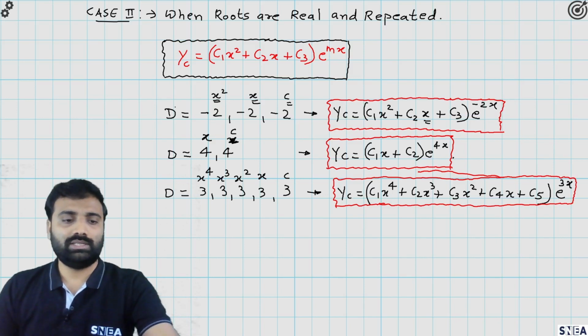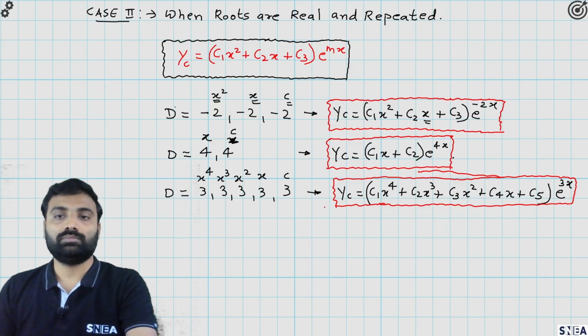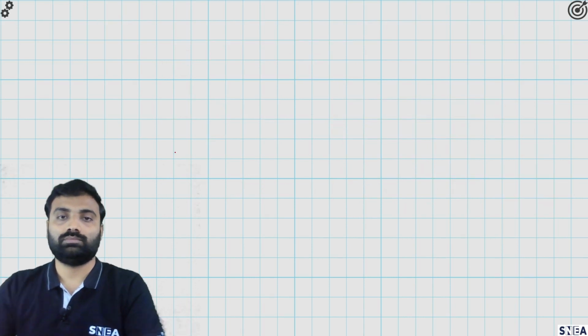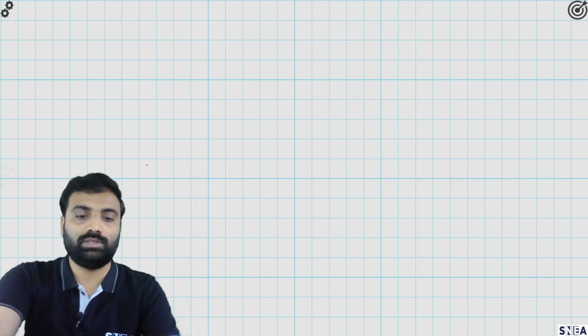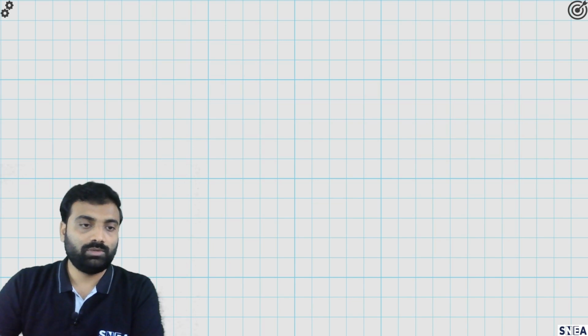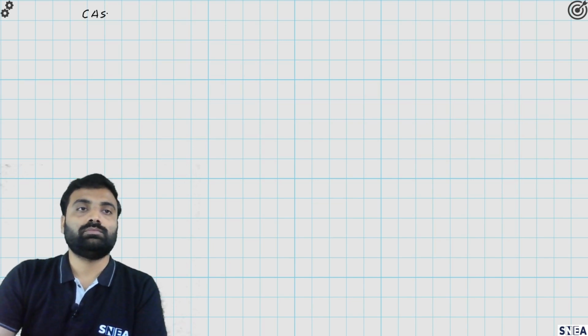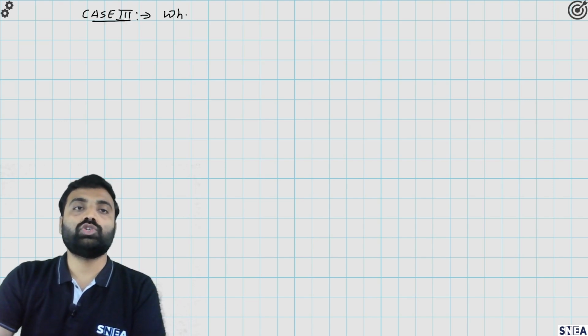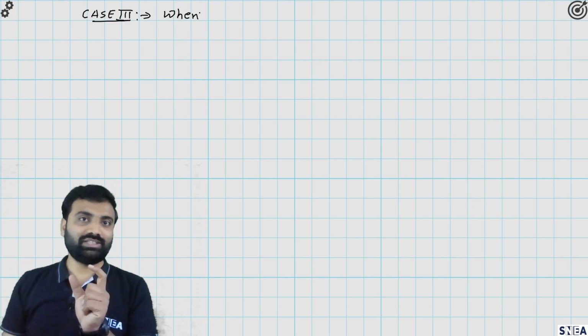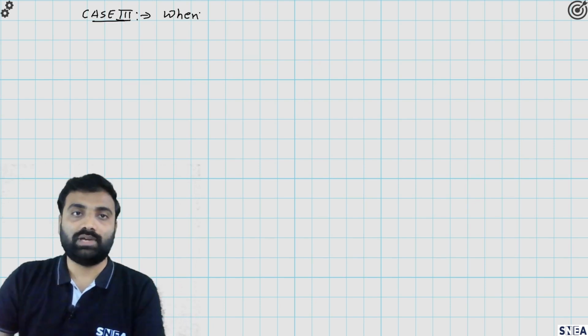So let us move on to the case number 3. So case number 3 क्या रहेगा students? What will be case number 3? Yes, we'll write down. When roots are, now we had completed with real, now we have to see imaginary.